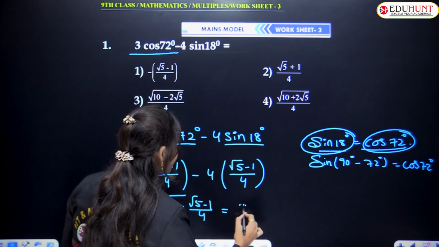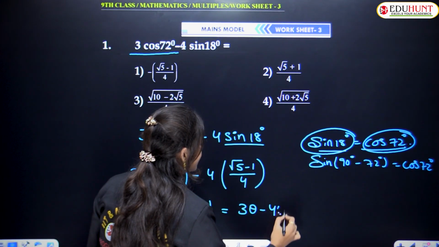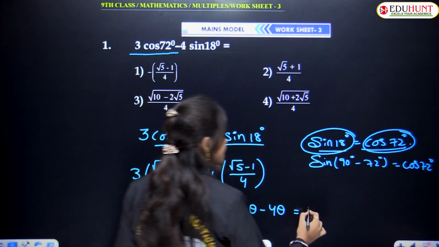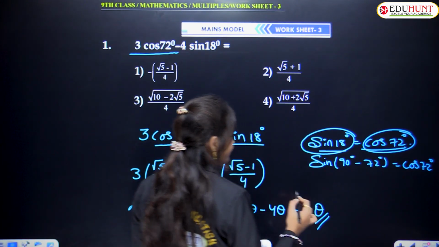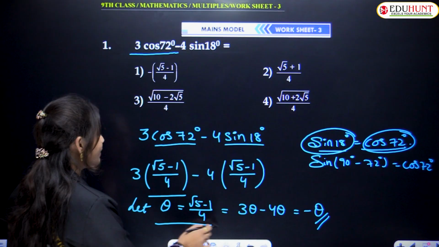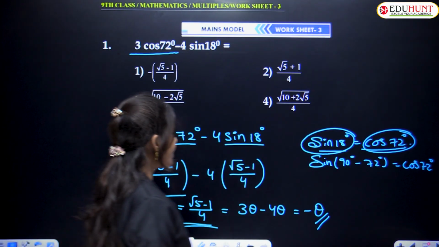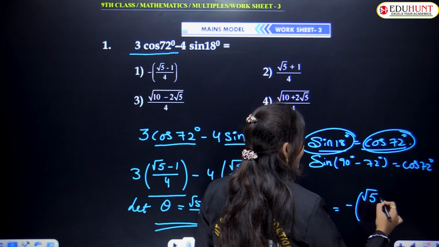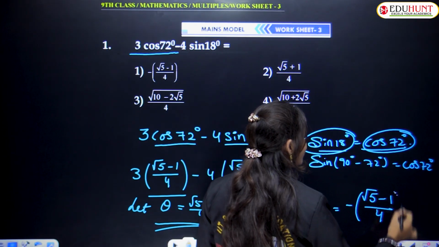So here 3 theta minus 4 theta, which is equals to minus theta. So at the place of theta what we taken here, which is equals to minus of square root of 5 minus 1 by 4.